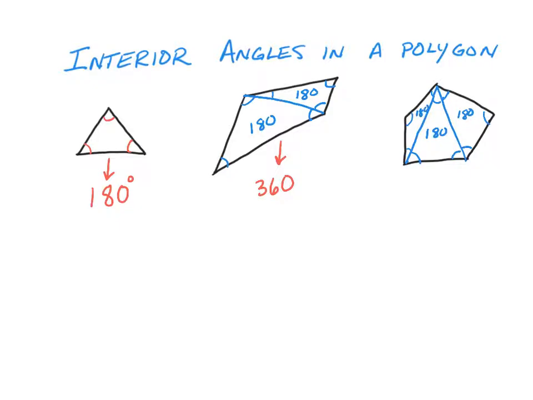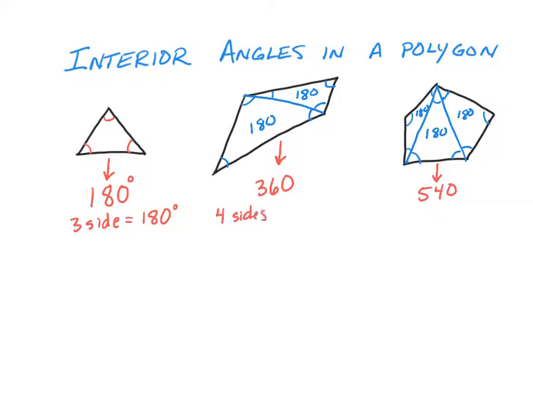So the pentagon is 360 plus 180, so 540. Now, if we look at this idea, it's pretty easy. We already see that you're adding a triangle each time you add a side. So if you have a triangle, that's three sides, which equals 180 degrees.